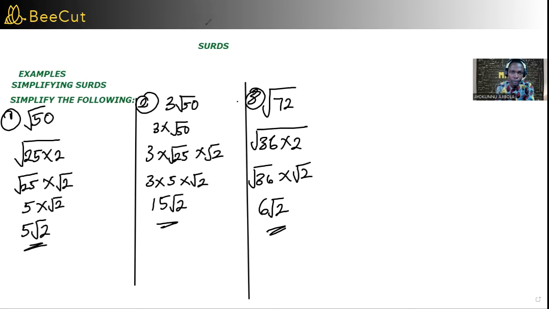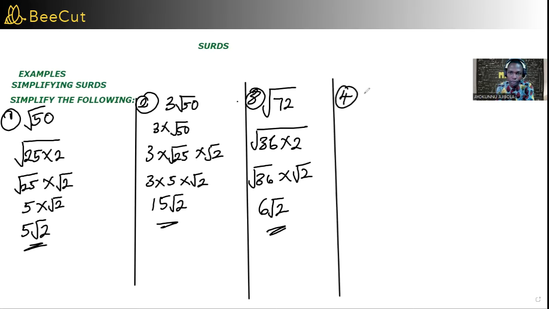Then the fourth one. Number 4 says 4 root 72. It's more like the same thing.